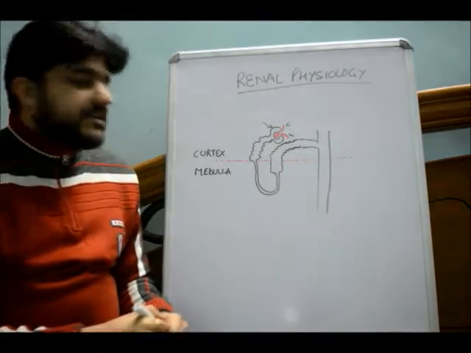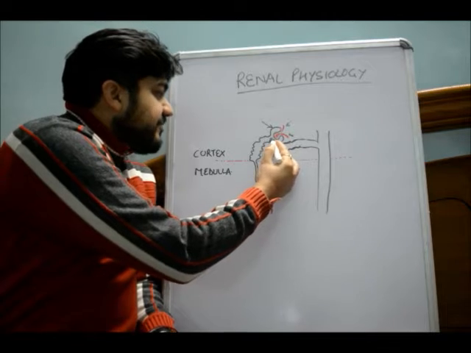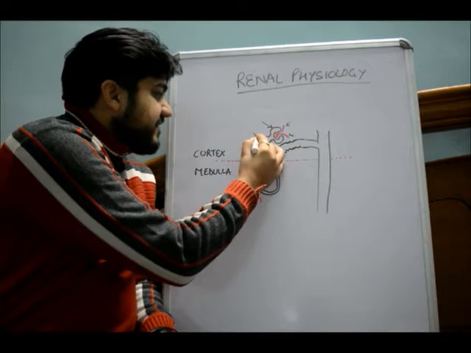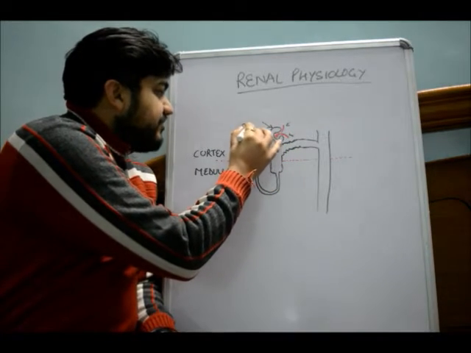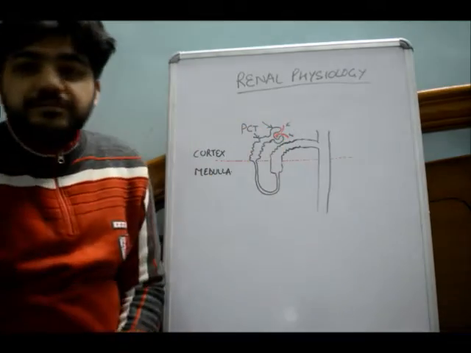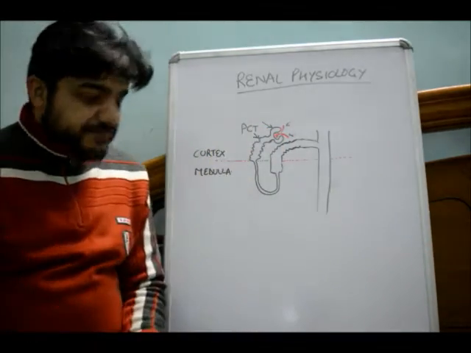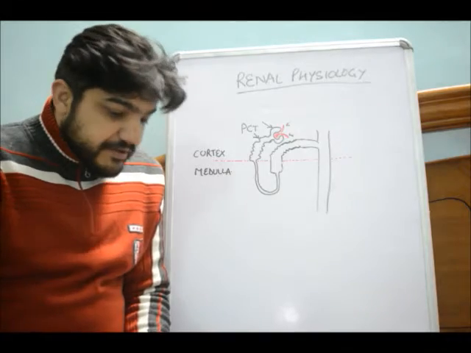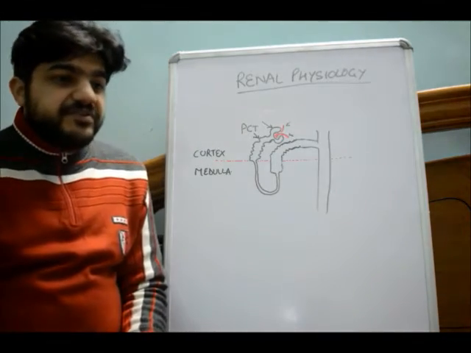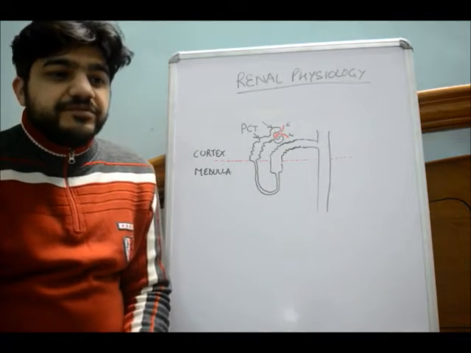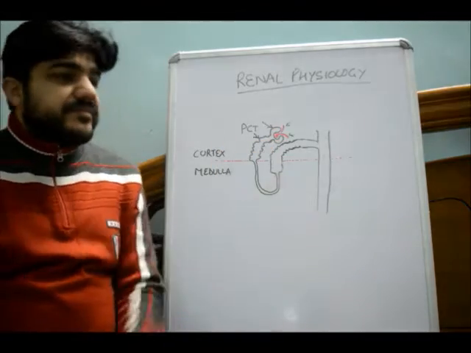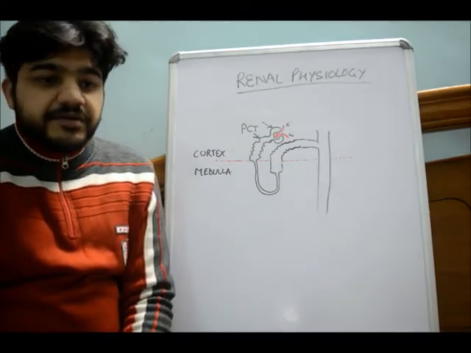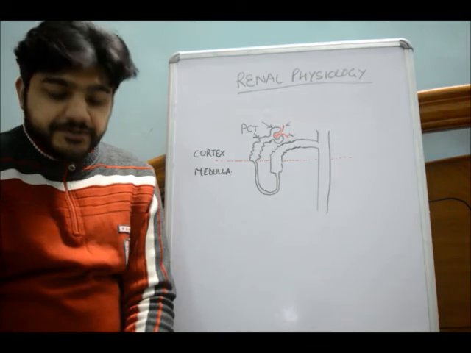Anyways, now when it has been filtered, the plasma, or you can say the filtrate, reaches this Bowman's capsule and moves to the next segment, the proximal convoluted tubule, or the PCT. The PCT actually handles most of the filtrate which has been filtered.